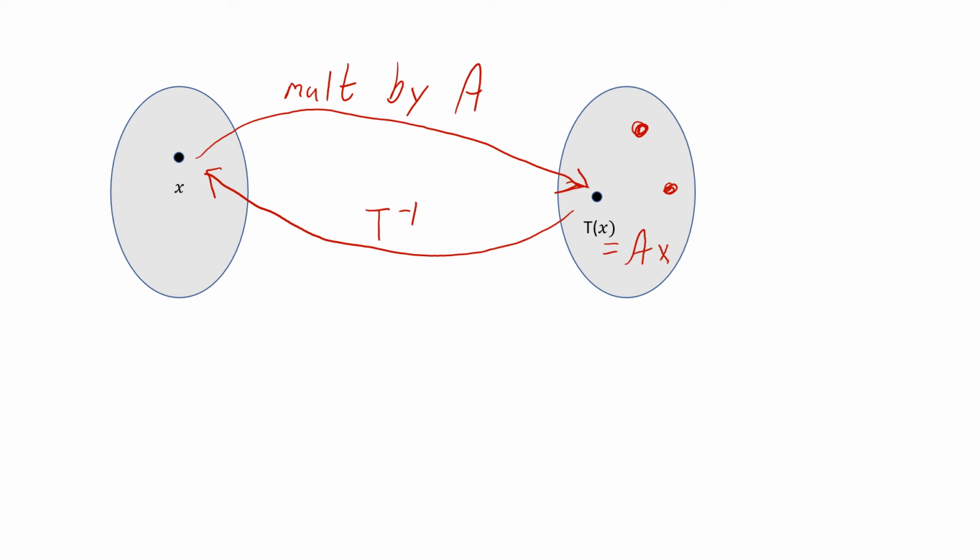Not surprisingly, if T is the same as multiplying by A, your inverse transformation is the same as multiplying by A inverse. We saw this really close connection between transformations and matrices, and that connection follows through to inverses. T inverse is the same as the transformation defined by A inverse.